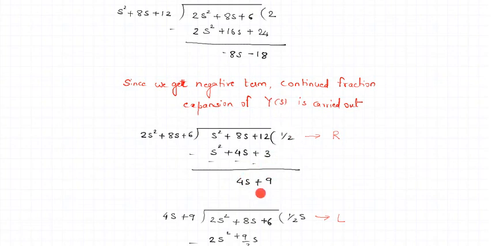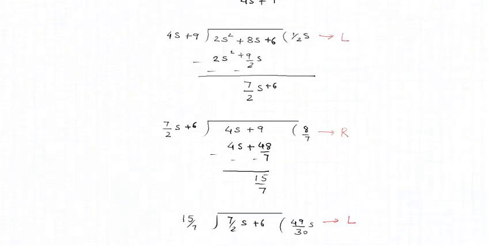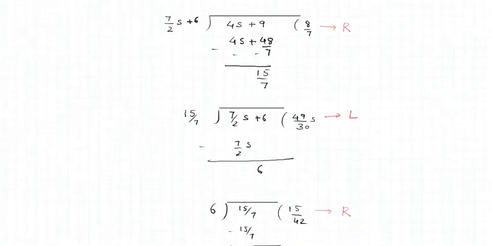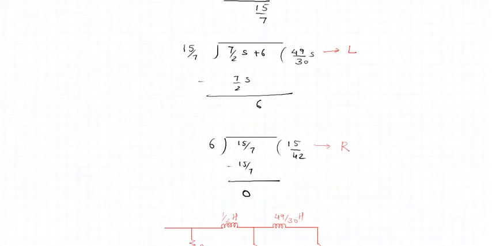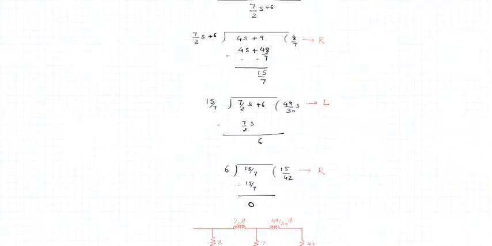Since the remainder is not 0, we have continued the division process further, and you observe that in the fifth step of division, we have obtained a 0 remainder. So after 5 steps of continued fraction expansion, we have obtained the 0 remainder.